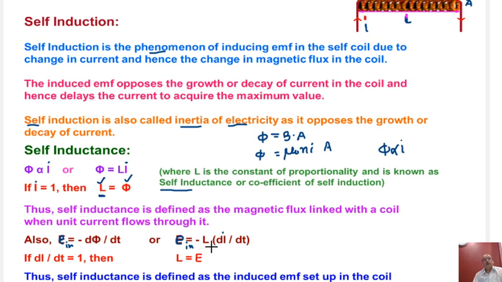Then E induced is equal to minus L di by dt. Di by dt is the rate of change of current. And if di by dt, the rate of change of current, is 1, then the self-inductance L will be E induced.